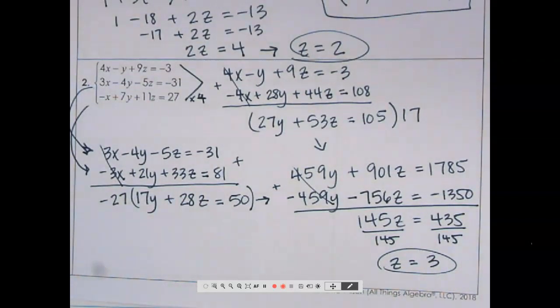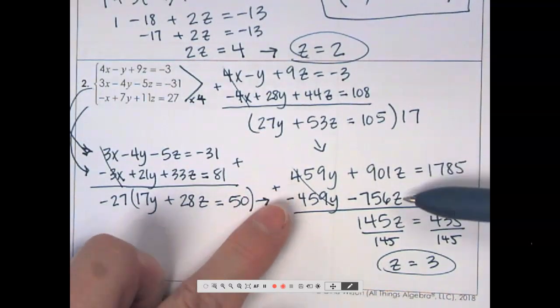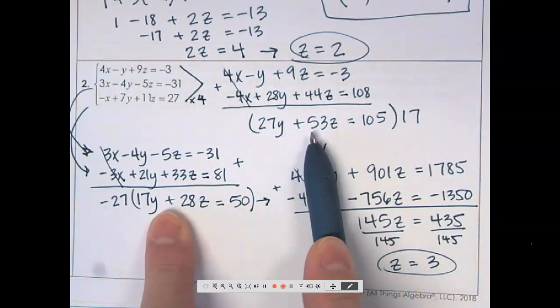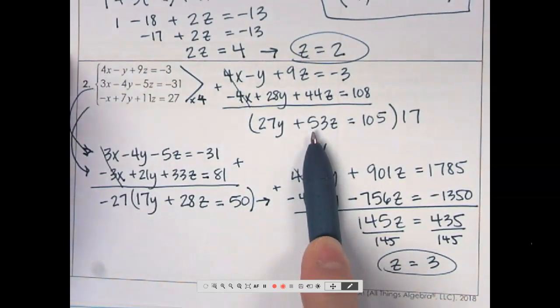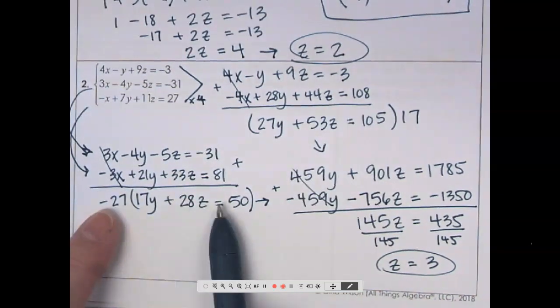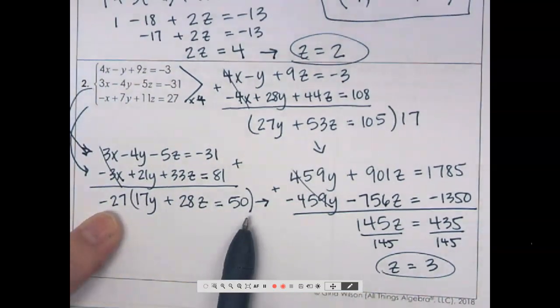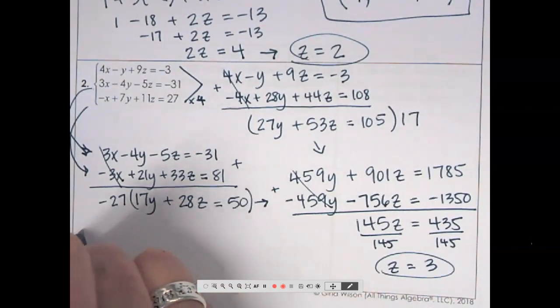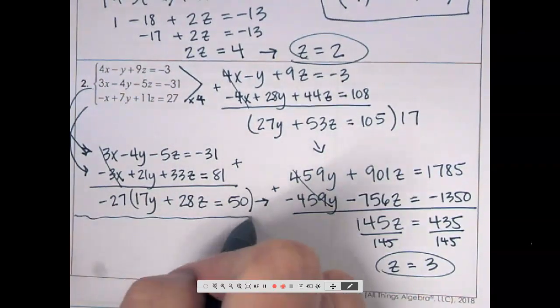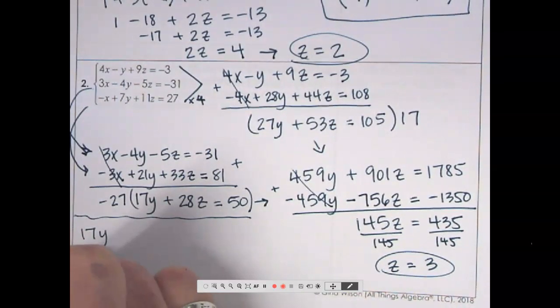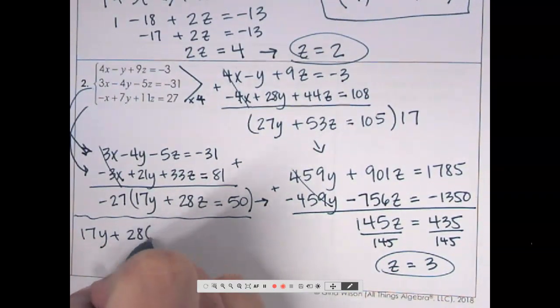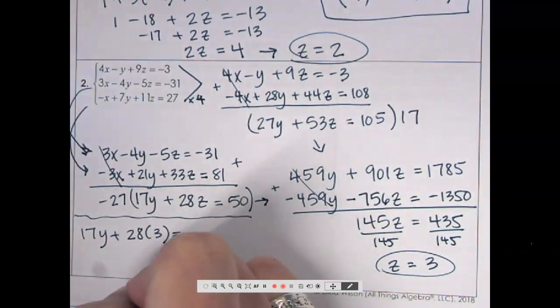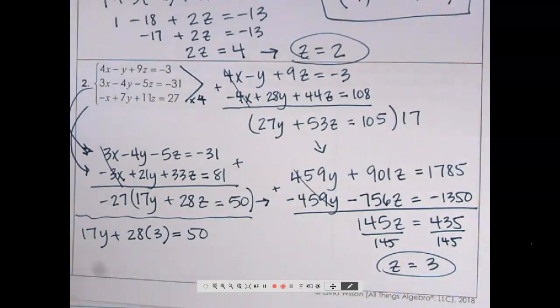All right, so once I get one variable, then you backtrack. And you either plug it into these with the big coefficients, or these two equations before we multiplied them. Can't go back to the original because I only know one variable. I'm just going to use this 17y one over here. So I'm going to say 17y plus 28z, but z is 3, equals 50.